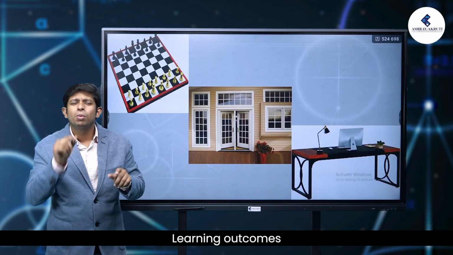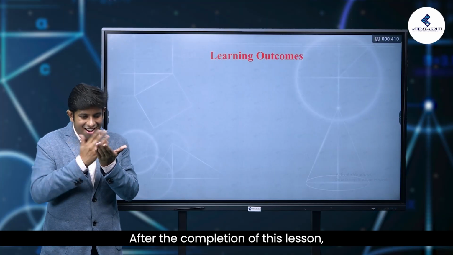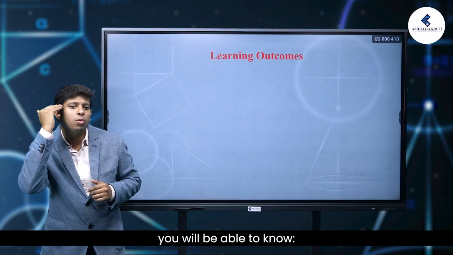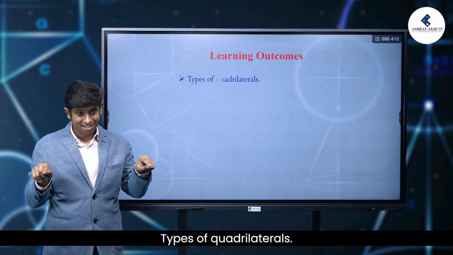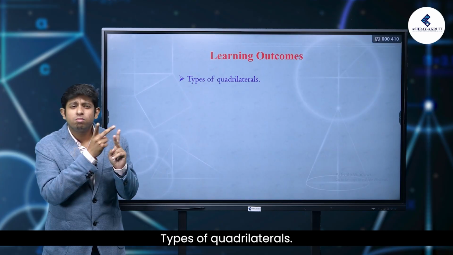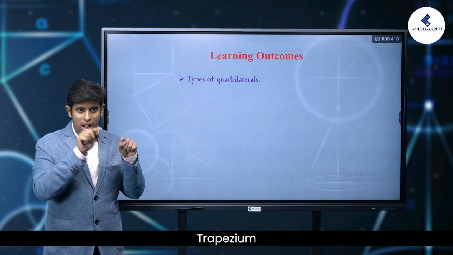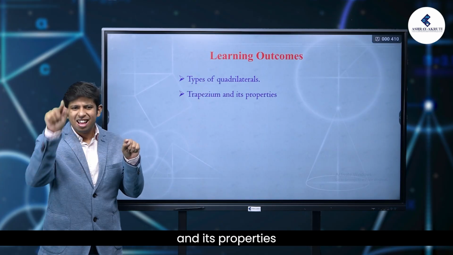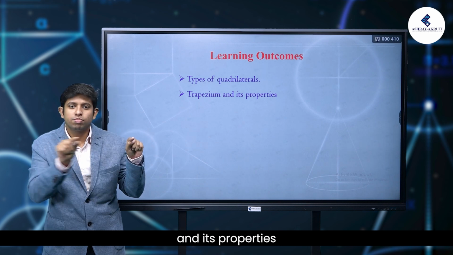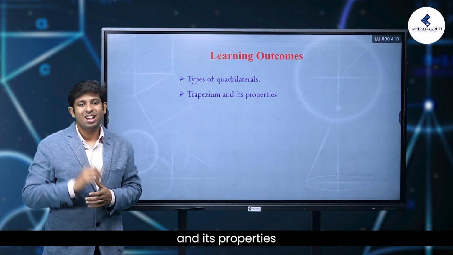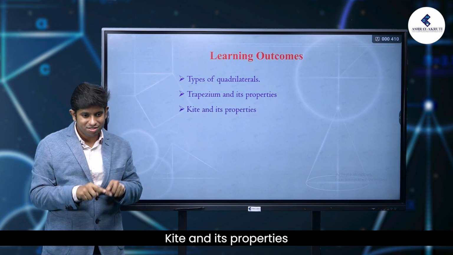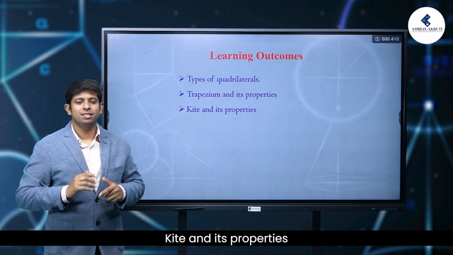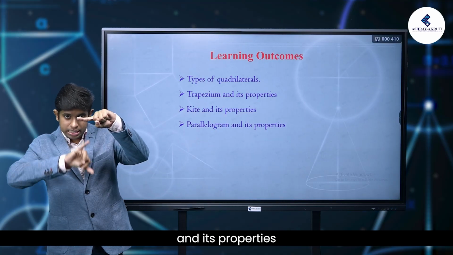Learning outcomes. After the completion of this lesson, you will be able to know types of quadrilaterals, trapezium and its properties, kite and its properties, parallelogram and its properties.